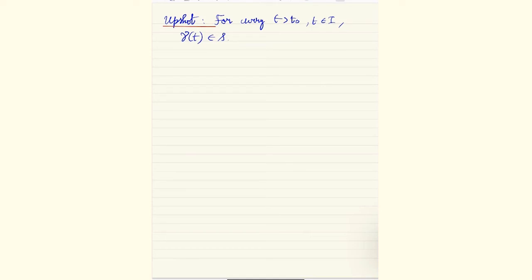Now, of course, the same argument works if t is less than t naught. So that is just an exercise. Write out the analogous argument for t less than t naught.